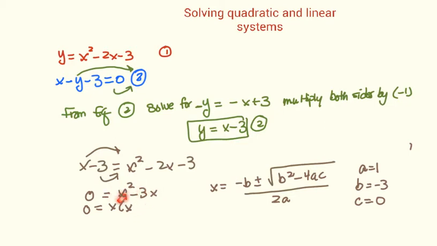It's only got two terms, so I can actually do common factoring, and I can do x minus 3. So I know the two values are x is equal to 0 or x is equal to 3. If you actually use the quadratic formula and sub these values in, you'll also end up with x is equal to 0 and x is equal to 3. So what are the 2 points of intersection?